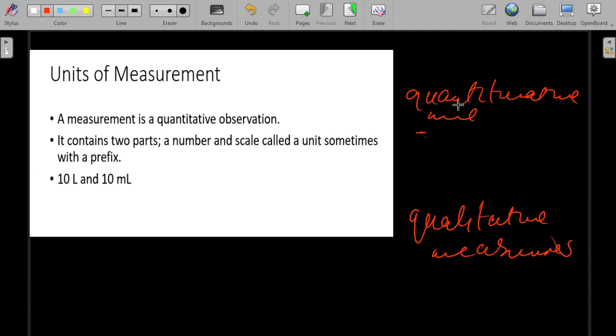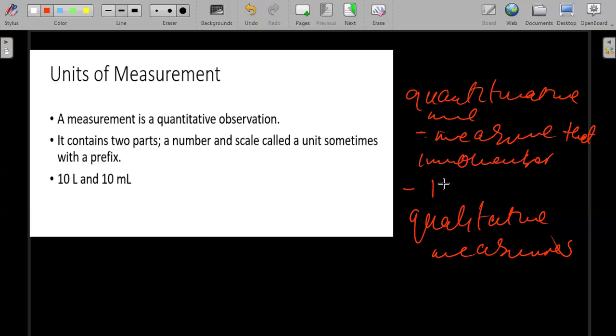Okay. So when we talk about quantitative measurements, we are simply talking about measurements that usually involve numbers. Those are going to be called quantitative measurements. Okay. So for example, you're doing a titration. Then you get the volume of 10 milliliter.